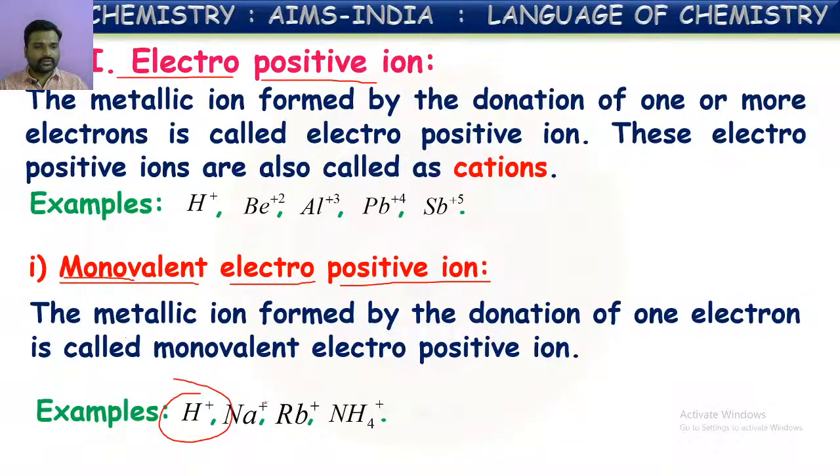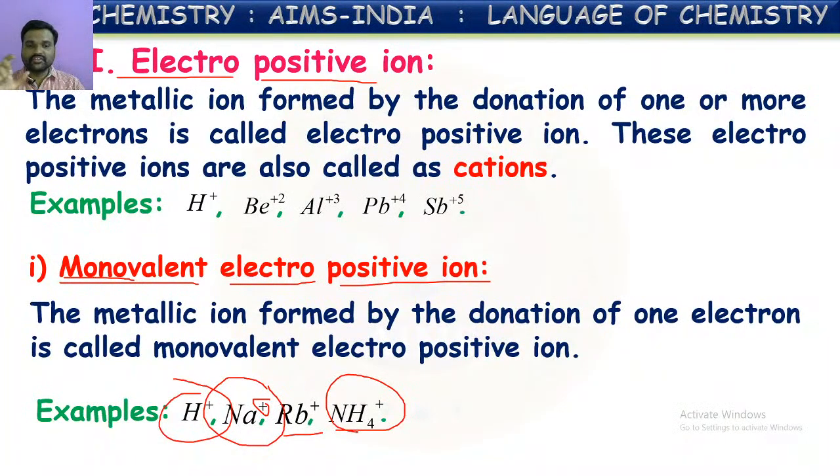If we see the next one, sodium. Sodium also forms a positive ion by the loss of an electron, that is the Na+ ion. As there is only one charge, it is called a monovalent electropositive ion, as it is a positive charge. Then the rubidium ion and the ammonium ion. The ammonium ion is different from the remaining three.